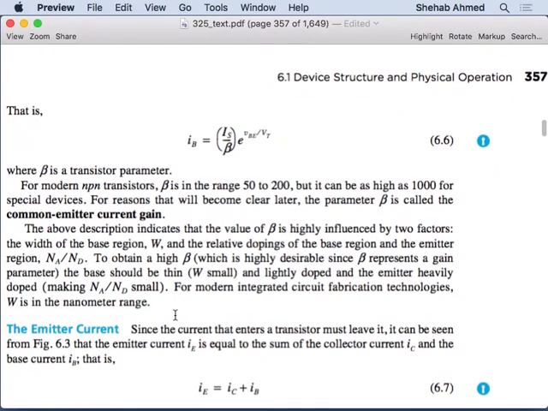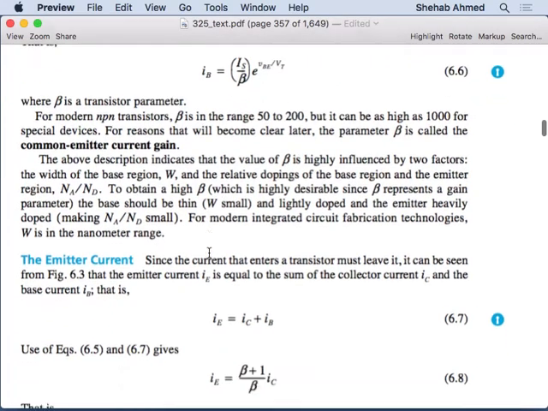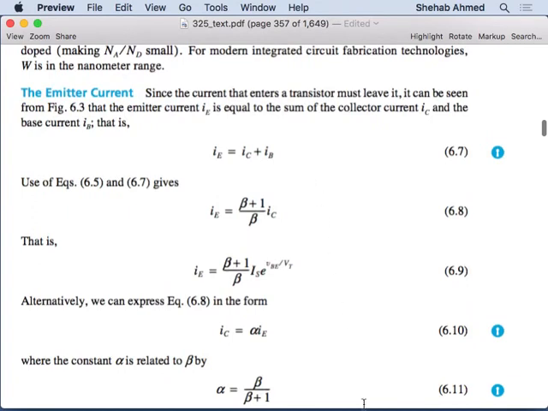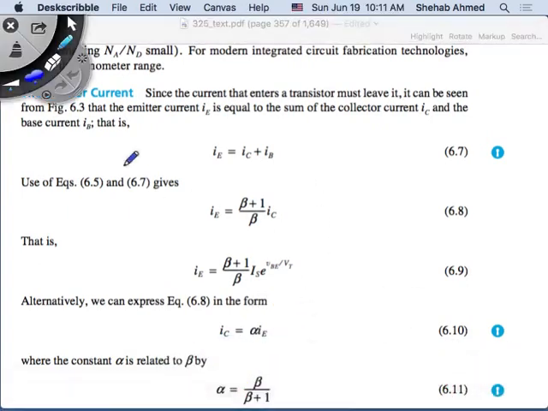So this is the format of the base current that we were talking about. Now the last current that we need to talk about is the emitter current. This device will look like a node, basically. We're injecting base current and collector current from one side, and the output will be the emitter current. So collector current plus base current is equal to emitter current.